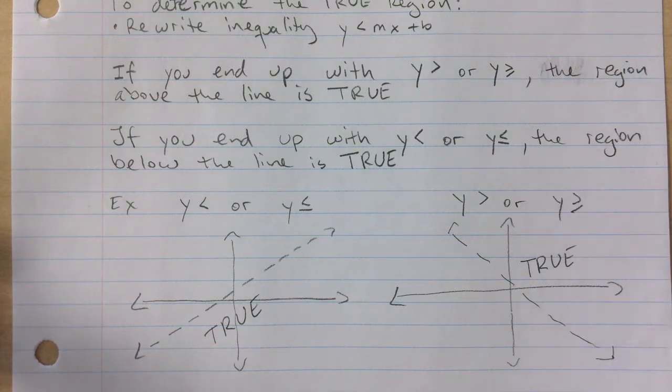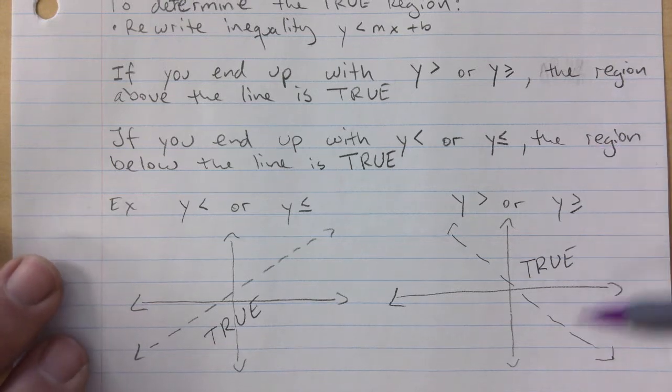So keep that in mind. That eliminates the need for doing the test point, okay? So from now on, we won't really need the test point anymore because of this. Okay, we know that this is true.